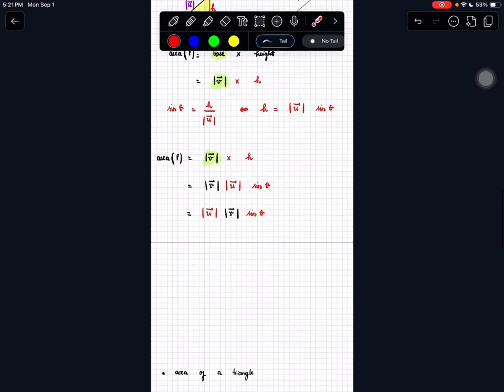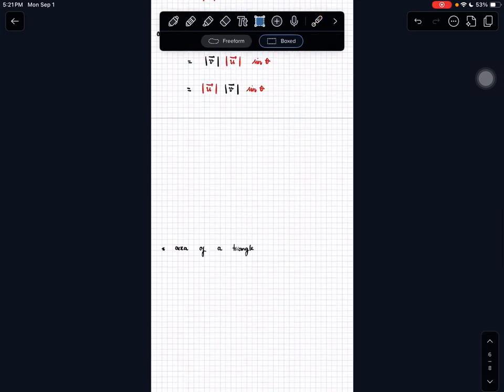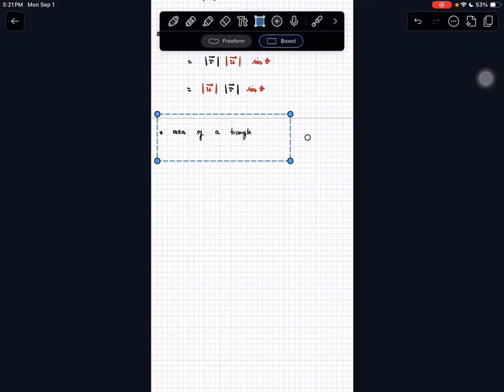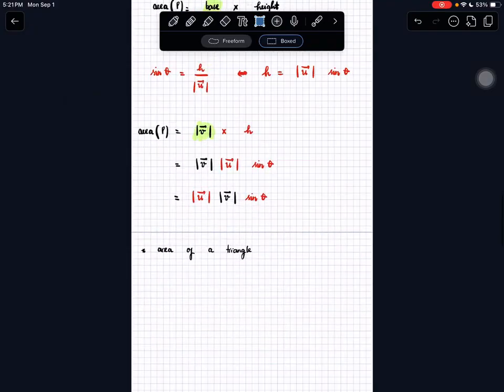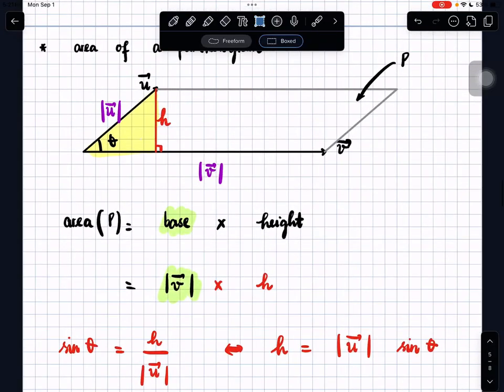Nice. Now I want to give you a formula for the area of the triangle. For example, if we have the triangle formed by u and v, one side is u, one side is v, and the other side is the diagonal.